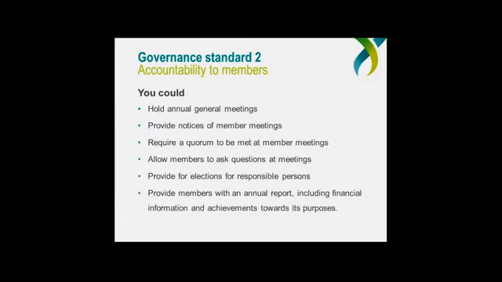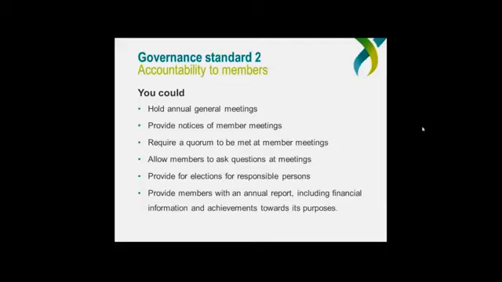The next slide takes you through some tips about how you can show that you're accountable to members. And these are just examples. So you have to decide what is best for your charity. You can hold annual general meetings. You can provide notices of member meetings. You can require a quorum to be met at a member meeting.